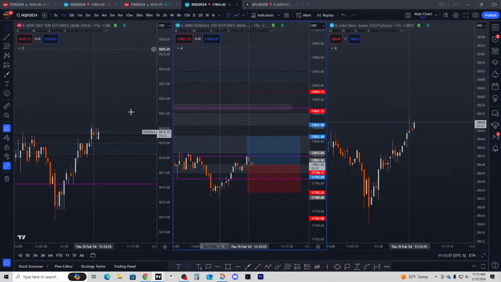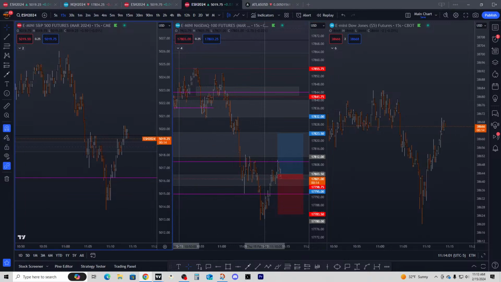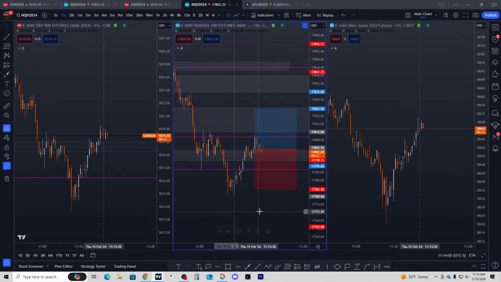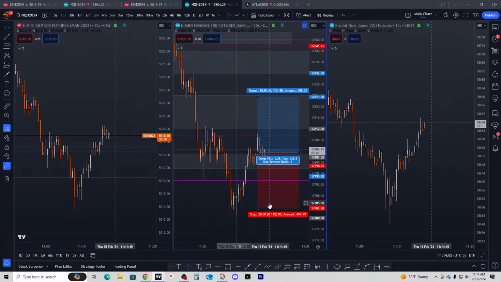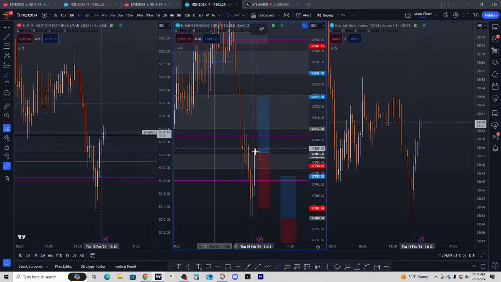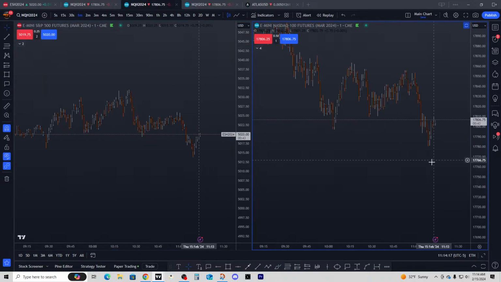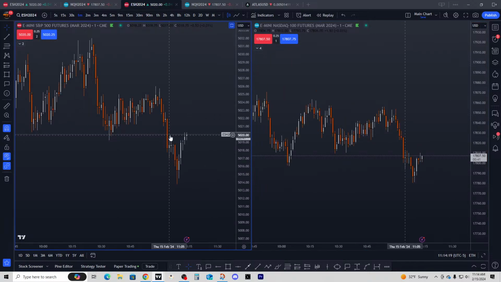So the reason why I moved to break even so fast is because when I get my inversion closure, I'll enter the trade, which I entered here. And once we hit a high on one of these indices, I'll move it to break even, which we hit the high here.